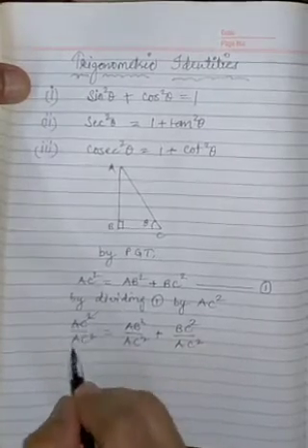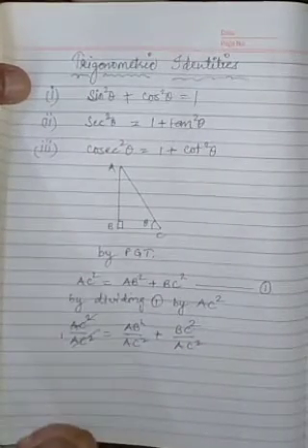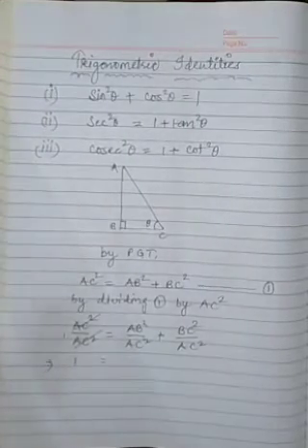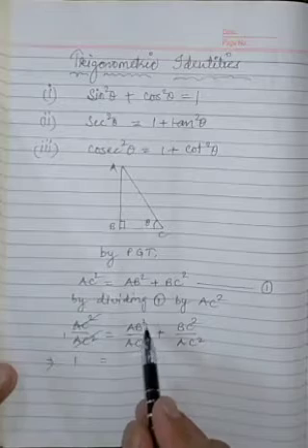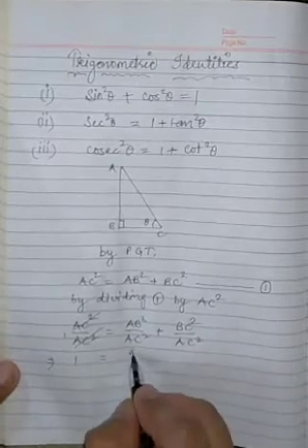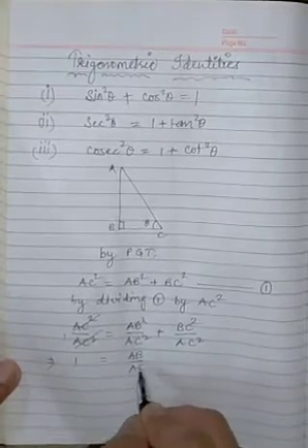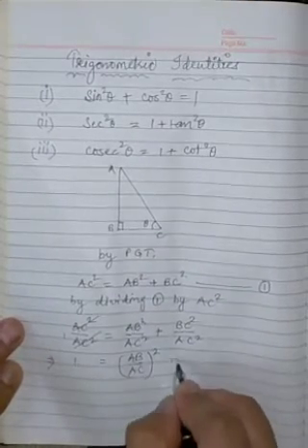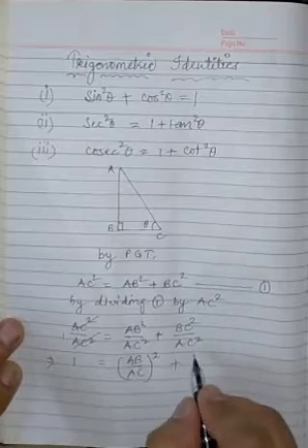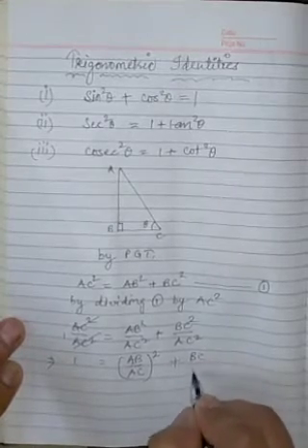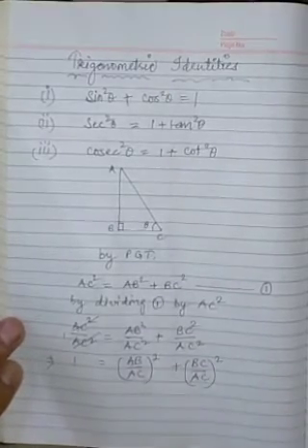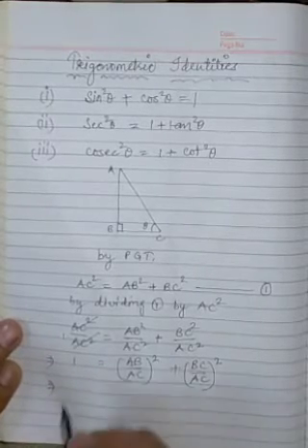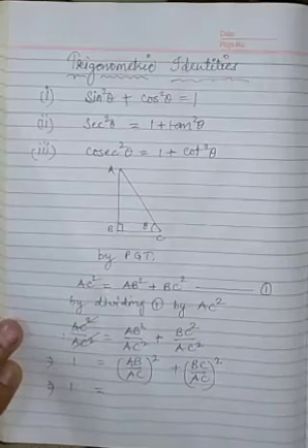Now you can see these two can be cut. We will get 1. So 1 is equal to, now this AB square upon AC square can be written as AB upon AC whole square plus BC square upon AC square can be written as BC upon AC whole square. That implies 1 is equal to.